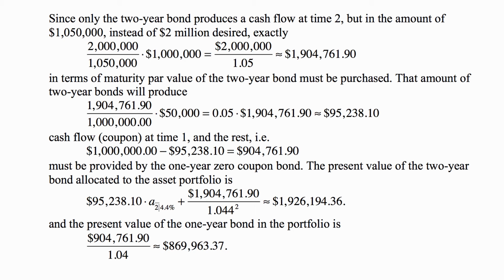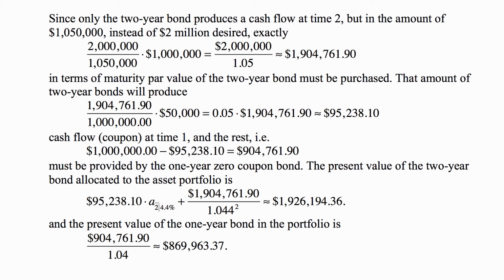The present value of the 2-year bond allocated to the asset portfolio is, therefore, this coupon amount, which is 95,238.10 paid as a 2-year annuity, plus the present value, and the calculation is at 4.4% because that's the yield of the bond, plus present value of the redemption value, also at the yield of that bond.